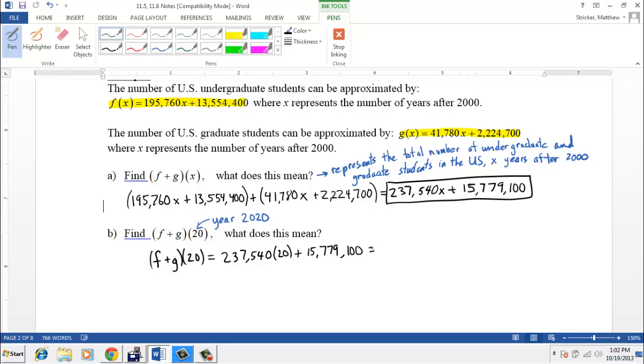When I do that calculation, I get that the total number in the year 2020 is going to be 20,529,900.